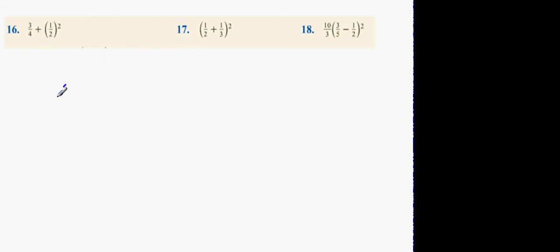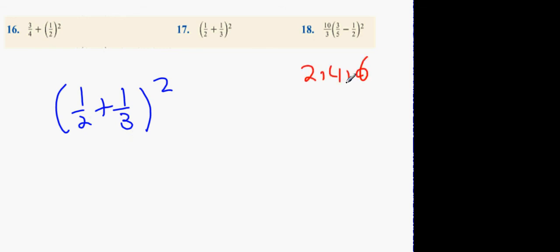Next one: a half plus a third, squared. What we need to do is get a lowest common denominator. Harry, what's the lowest common denominator of 2 and 3? 6. The lowest multiple is 6. Harry, how do I change 2 into 6? Top and bottom by 3, and the other one top and bottom by 2.